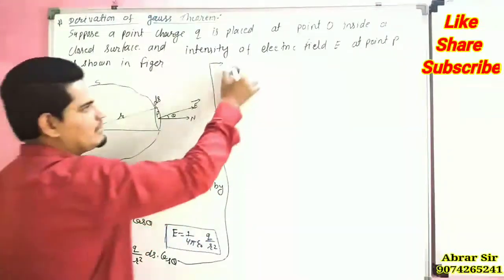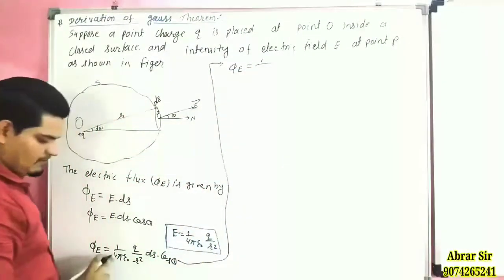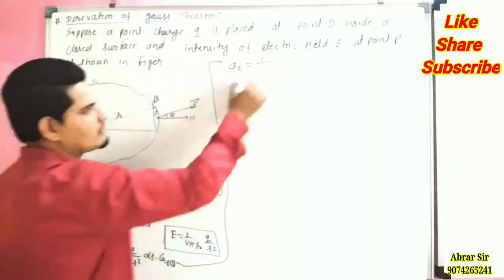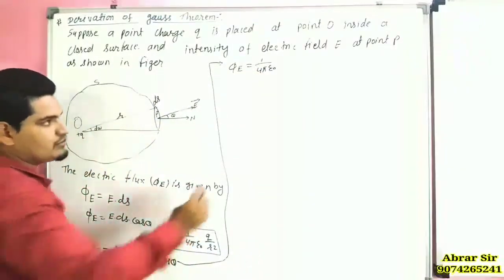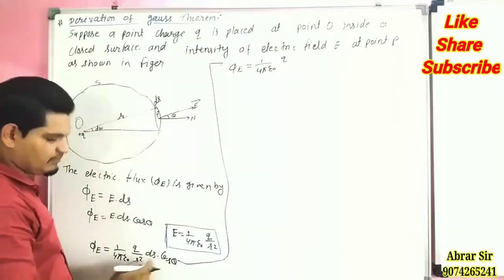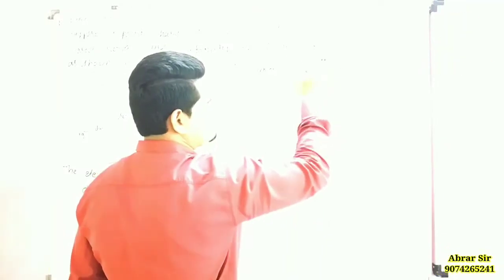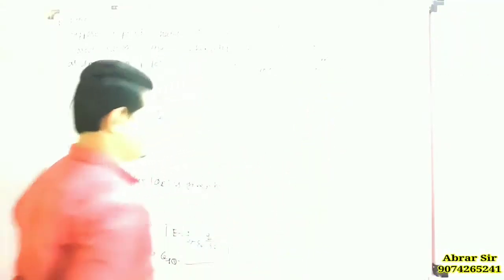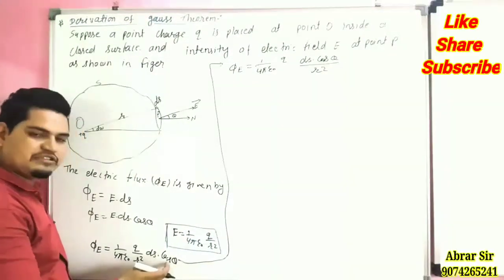Phi E is equal to 1 upon 4 pi epsilon naught Q, and ds cos theta upon R square. We can separate R square in the denominator of ds cos theta.